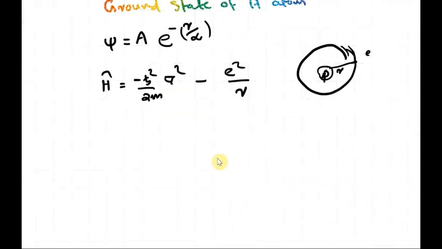Okay, so the Hamiltonian is like this, and the expectation value of this Hamiltonian is nothing but my energy function.